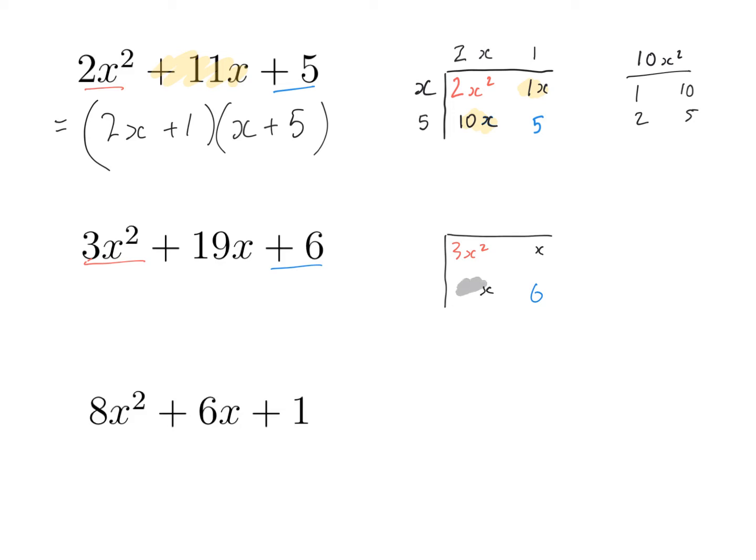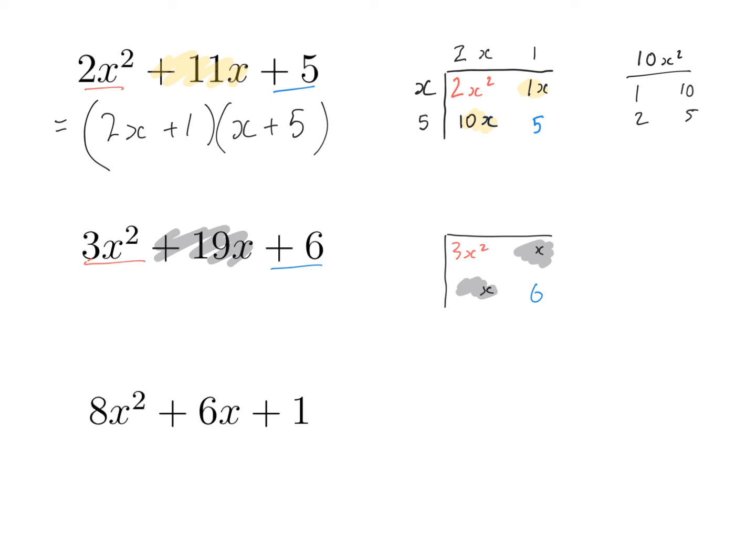Remember, these two are going to add up to give me 19x. They also, these two boxes, need to multiply together to give me the same product as these two boxes.